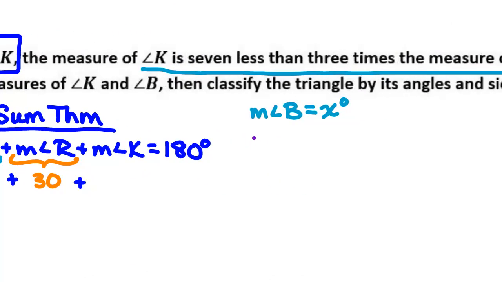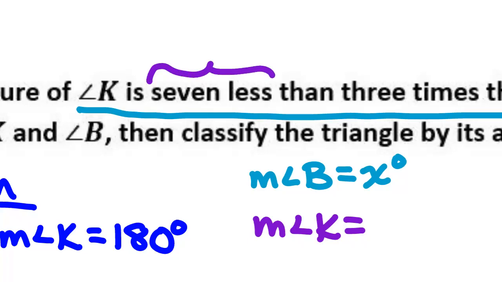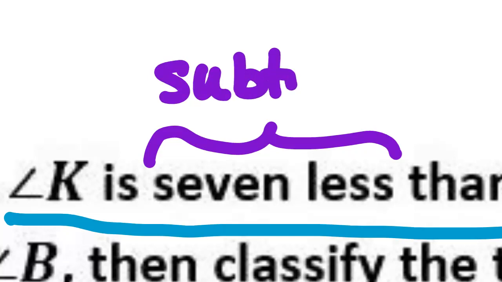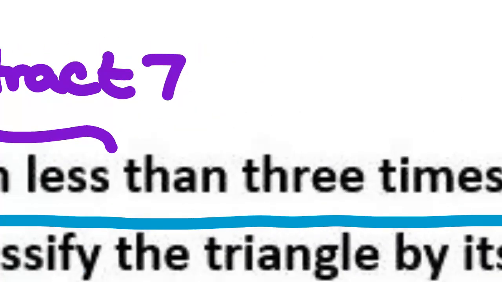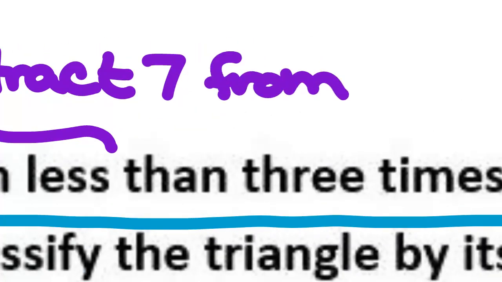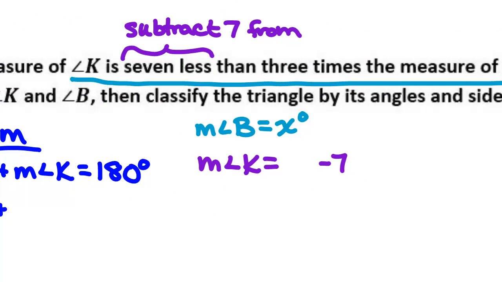It says that K is 7 less. 7 less means what operation? Subtraction. We're going to subtract 7 from what? I'm subtracting 7, so I need a minus 7 after something.